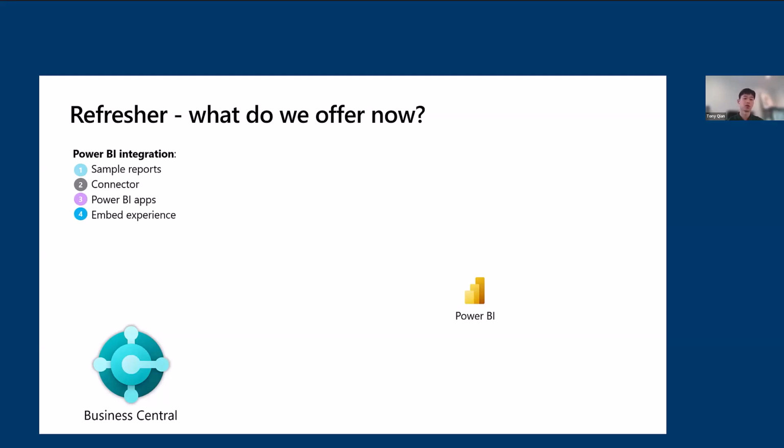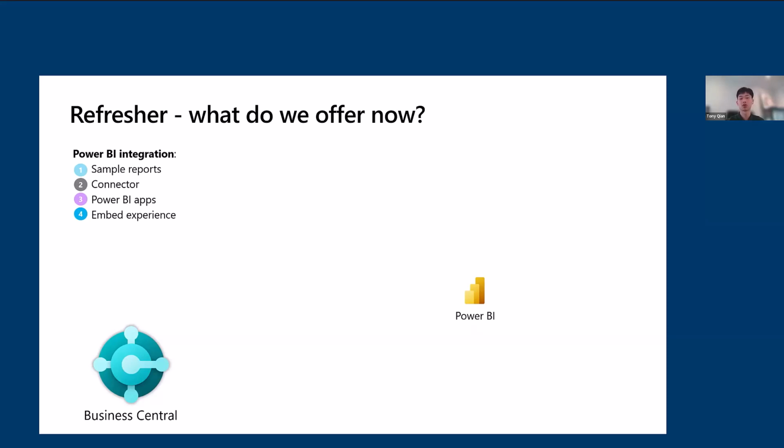And then from there, you want to build your own Power BI reports using the connectors to connect with your Business Central environment. We also have Power BI apps. This is something new that we released since last year. We're constantly adding more and more existing Power BI apps into Business Central, so you can use them right away without creating your own Power BI reports.